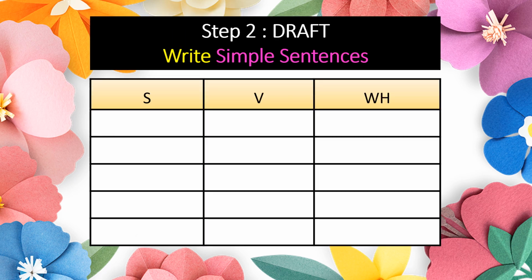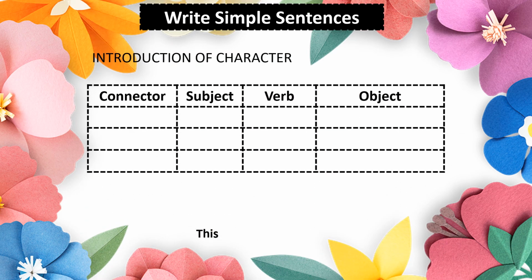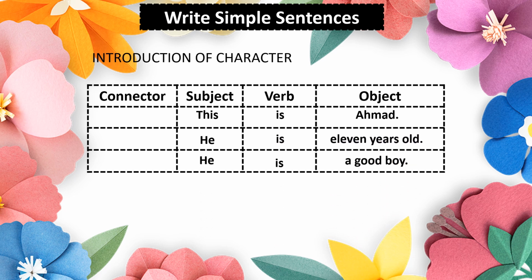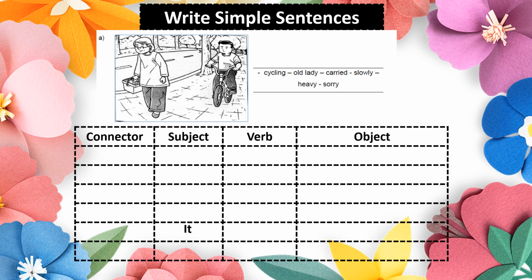So this is the substitution table of the character. Okay, this is Ahmad. He is 11 years old. He is a good boy. Next, it was Sunday. So this is setting the weather, the time. Ahmad was cycling to a park. Yes, as you can see, this is Ahmad.